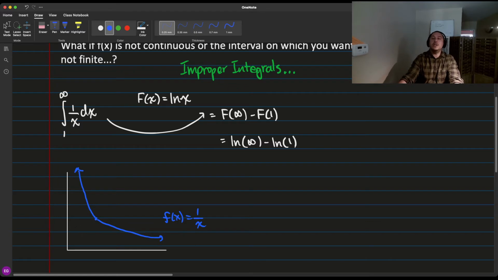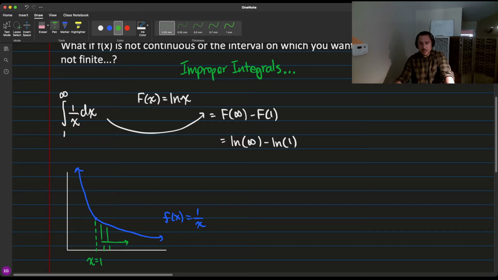The region over which we are integrating goes from x equals 1 all the way off to infinity. So that's like all of this, and it keeps going forever and ever. That's the issue here.